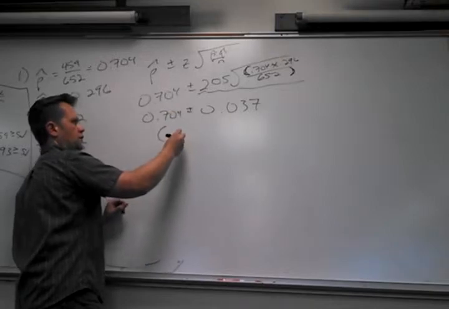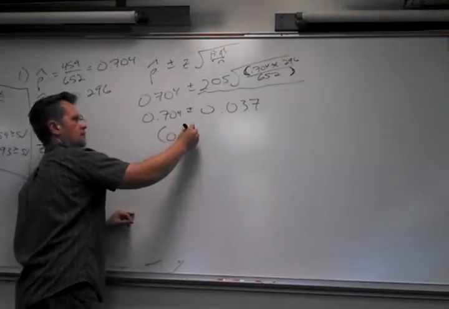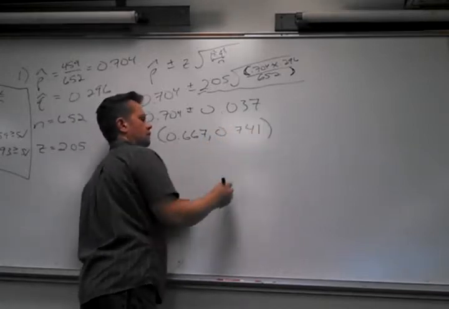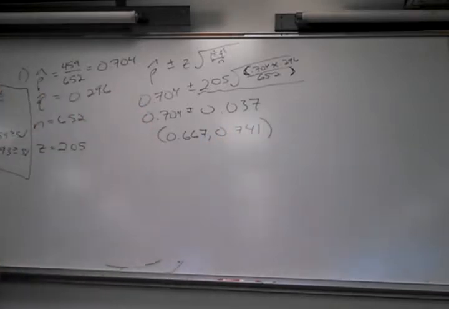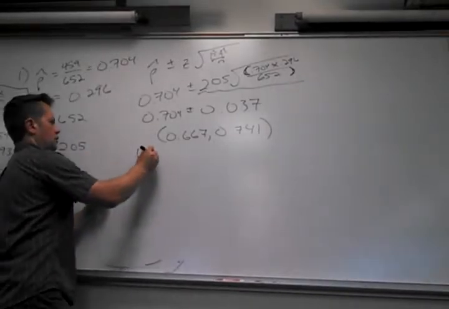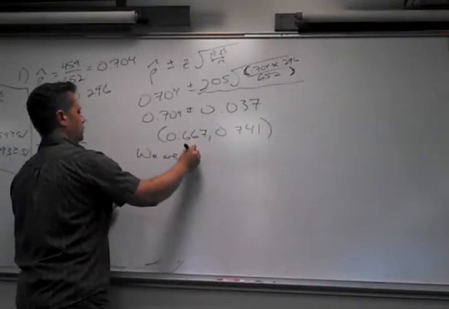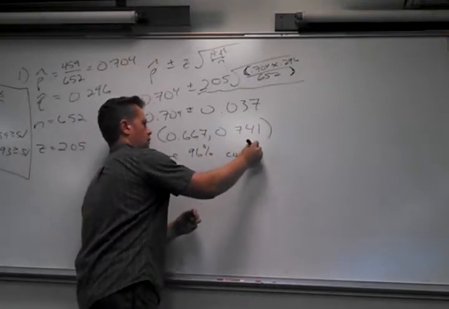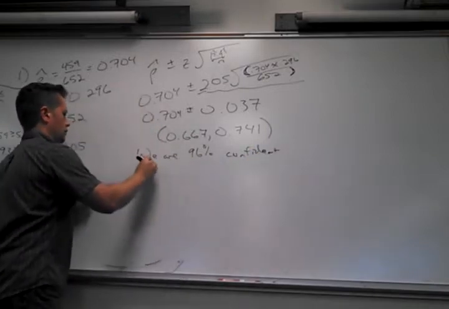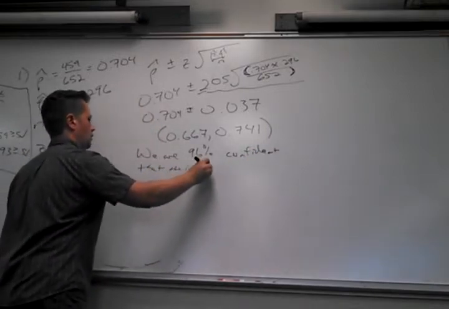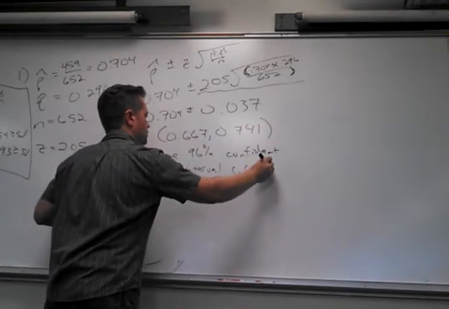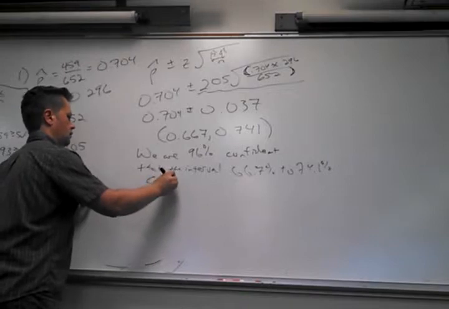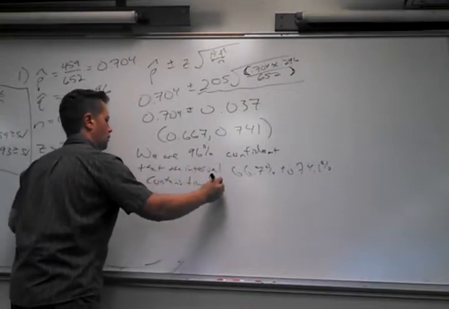So my interval would go from 0.667 to 0.741. Cool. So then we'd say we are 95% confident that the interval 66.7% to 74.1% contains the true percentage of voters who voted in the last election.